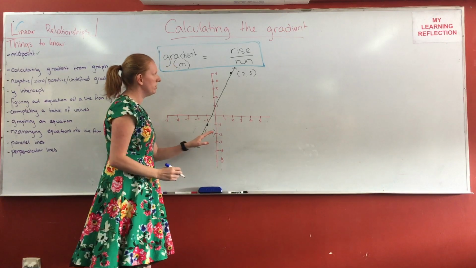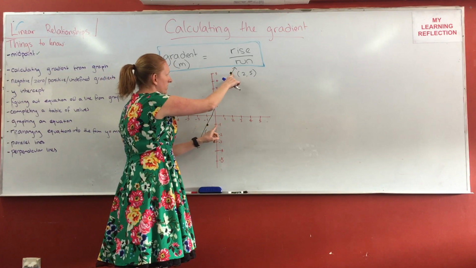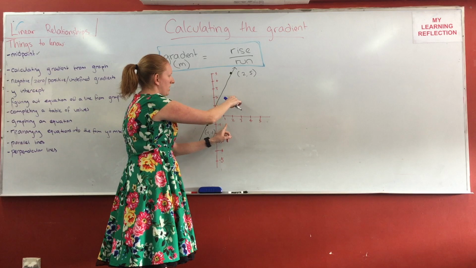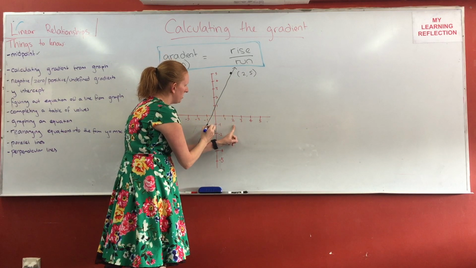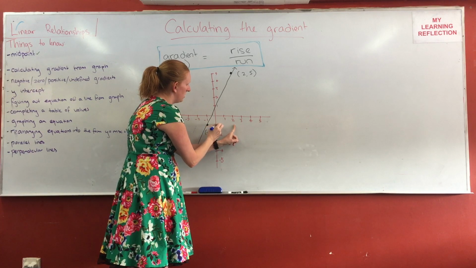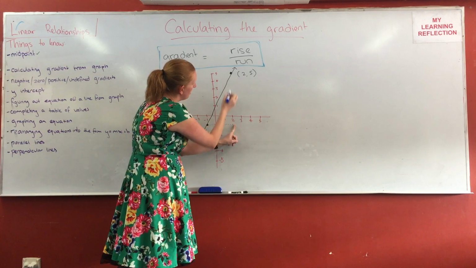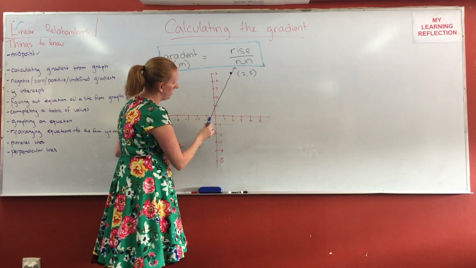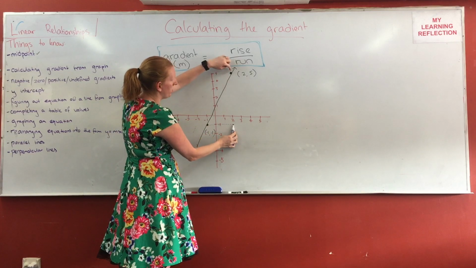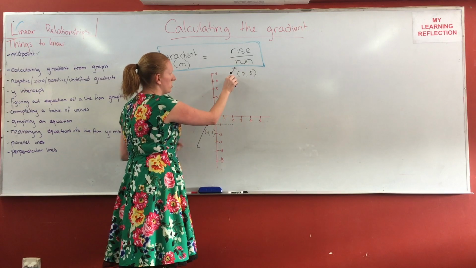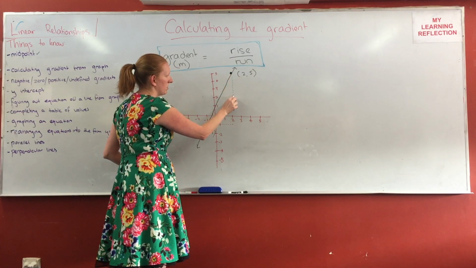So what we do is we sort of run our fingers across and down until they meet. So I'm going to draw a horizontal dotted line until it's in line with this one. Then I'm going to draw a dotted line down.